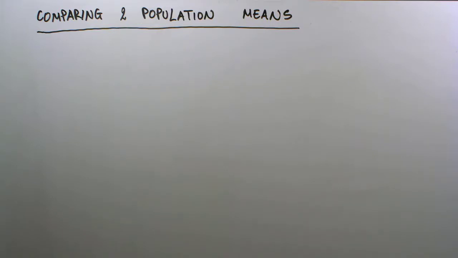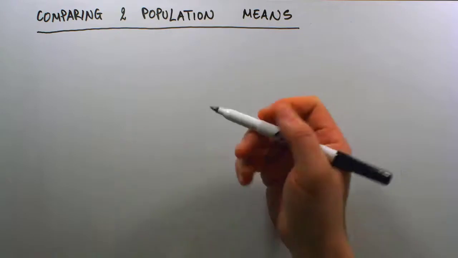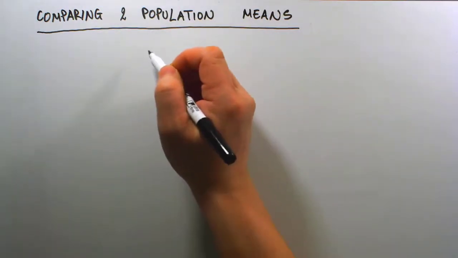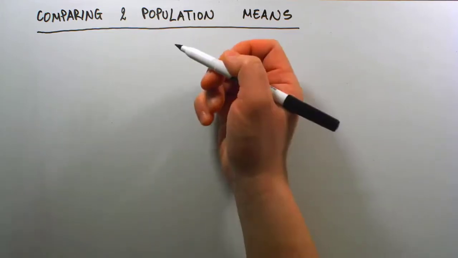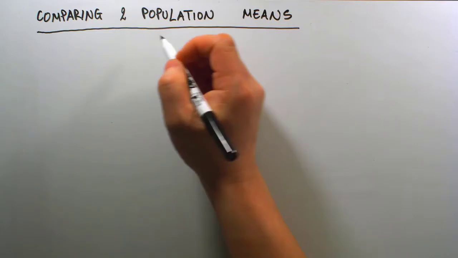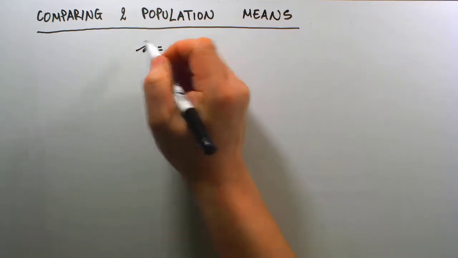The idea about comparing two population means is, to keep it simple, let's say we start out with a mean value that scientists are studying, mu. I'm going to bring up a scenario.